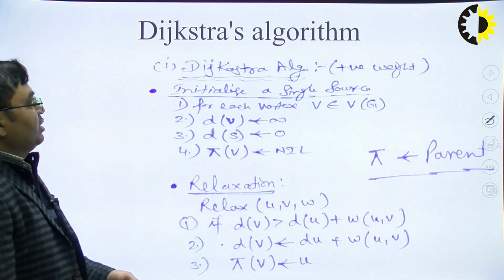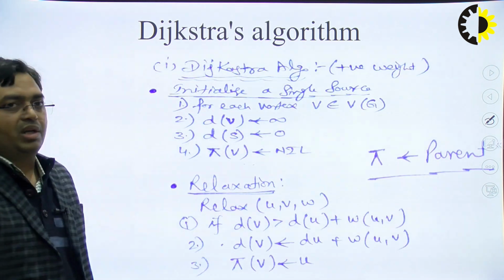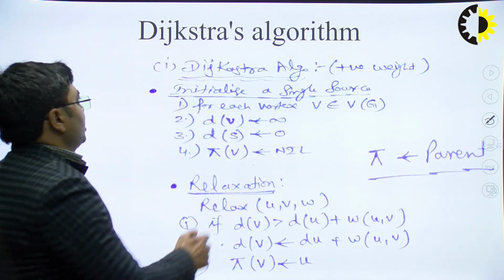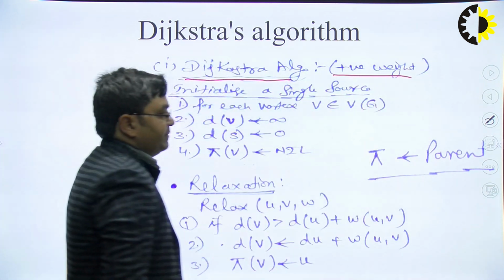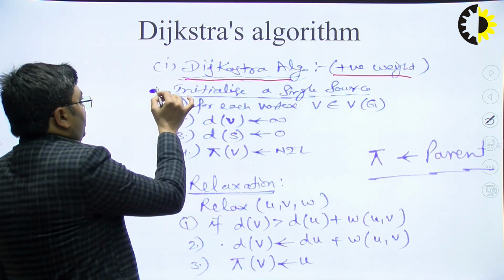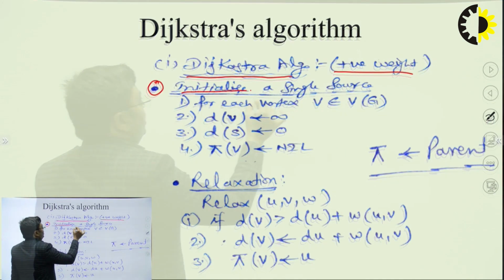So, we are going to learn Dijkstra's algorithm here. First, we will see what Dijkstra's algorithm says. Dijkstra's algorithm works only for positive weights. First, we initialize a single source.